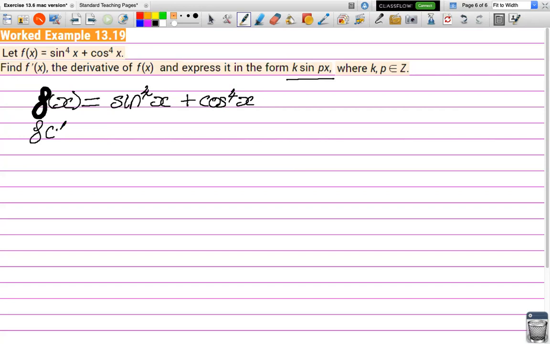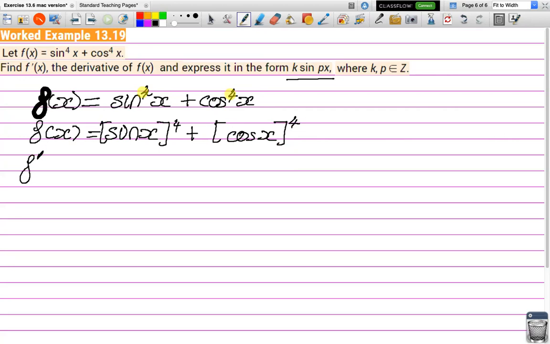The next thing is we're going to be changing that because that's incorrect notation. We said this earlier on, that the power is always written in the wrong place. So we now write it as sine x all to the power of 4 plus, open bracket, cos x all to the power of 4.